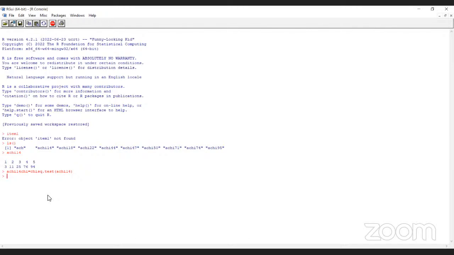Now you write down attributes, ATTRIBUTES, bracket, ACHI4 Chi. So that is your vector. Bracket close. Enter. Is it clear? Yes, sir.